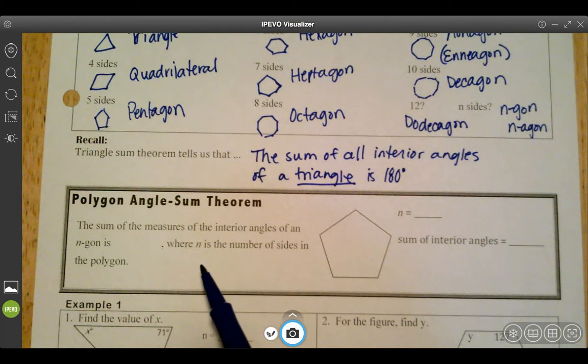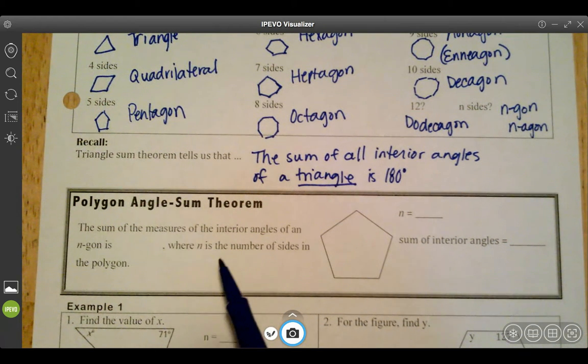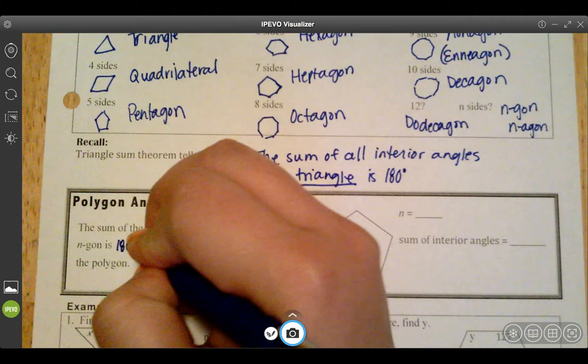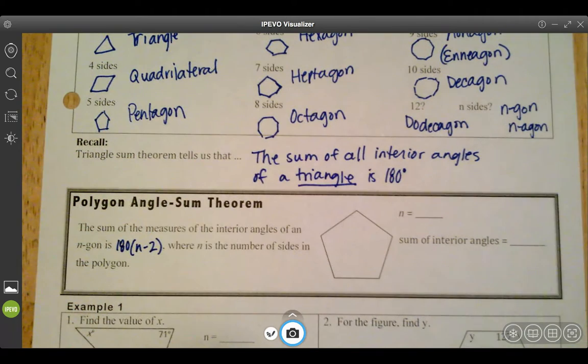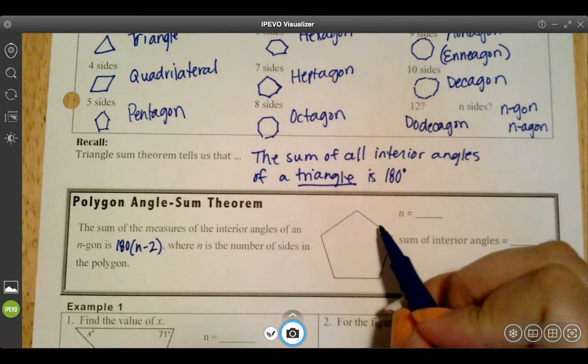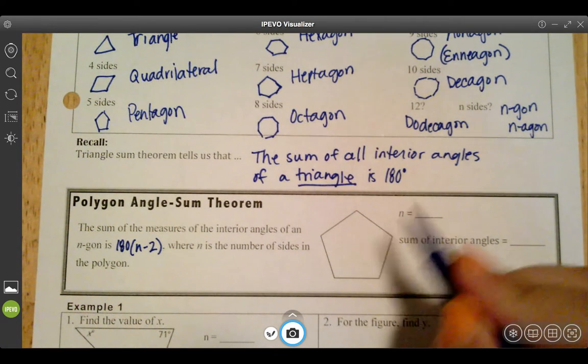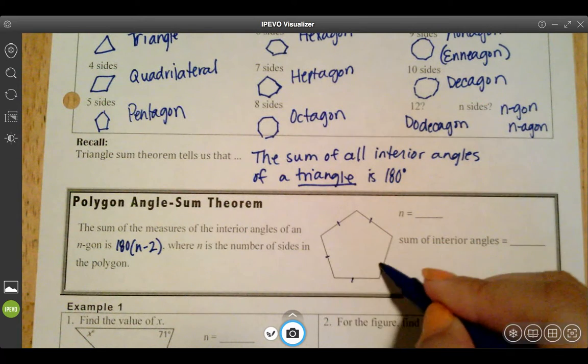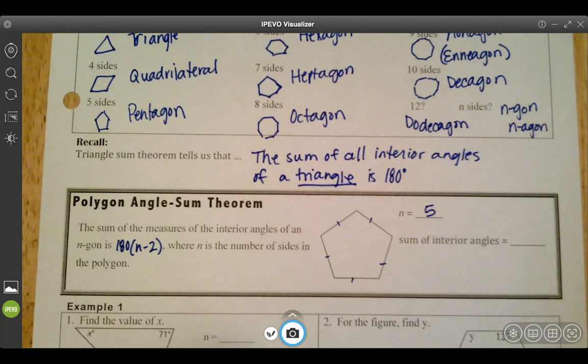We have a formula for it: the sum of the measures of the interior angles of any polygon with n number of sides is 180 times n minus 2. In our example here, I like to mark on the sides to make sure I counted them: 1, 2, 3, 4, 5 sides.